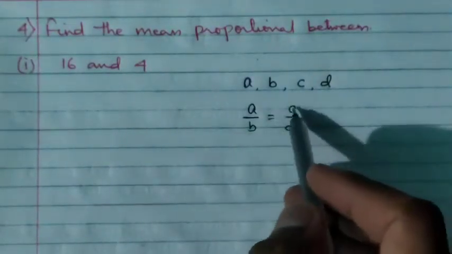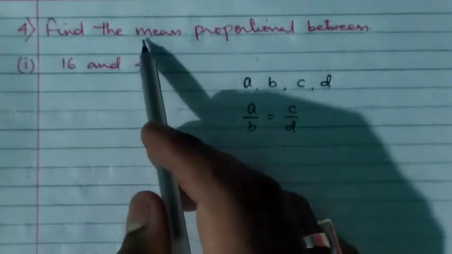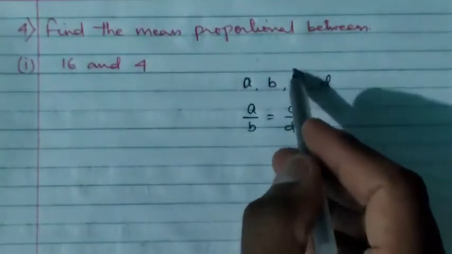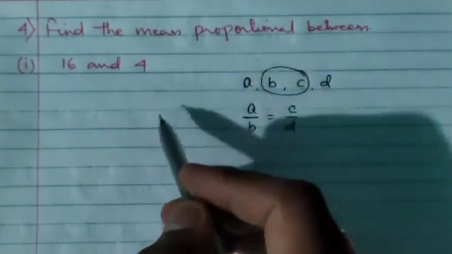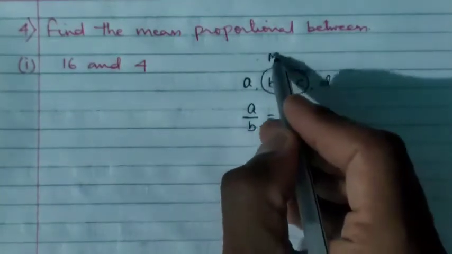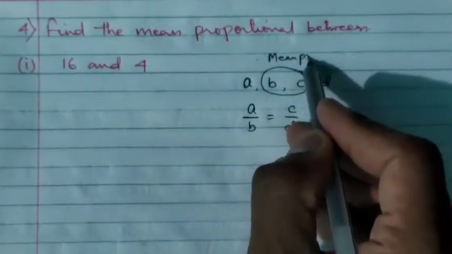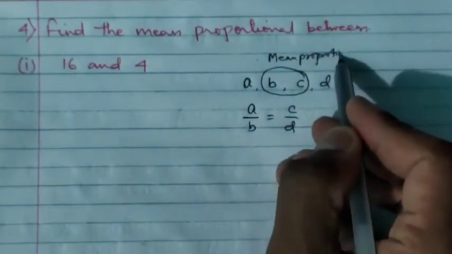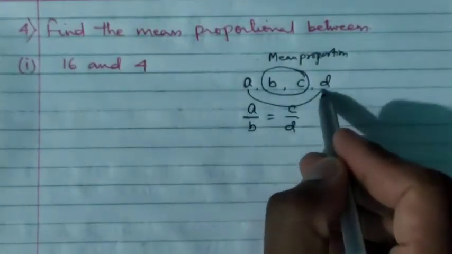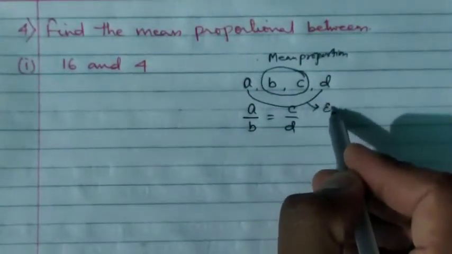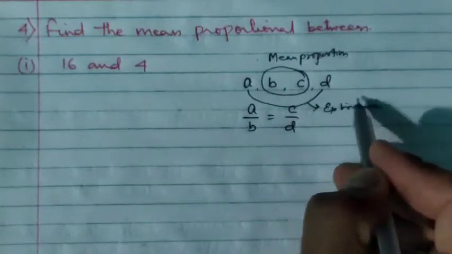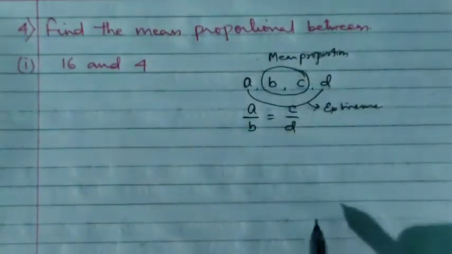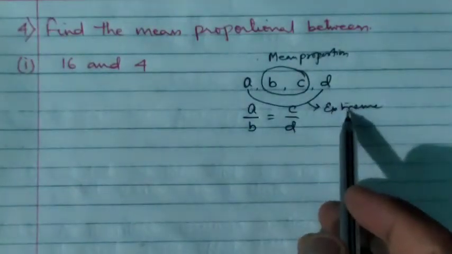This is the format of proportion. Now, the middlemost elements are called the mean proportional, and the first and last are called extremes.